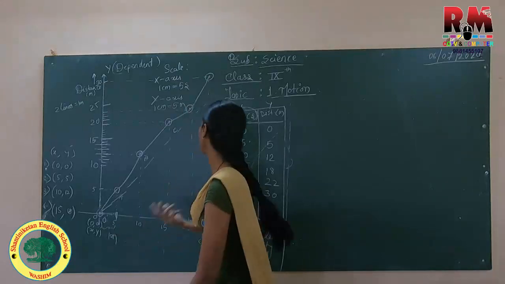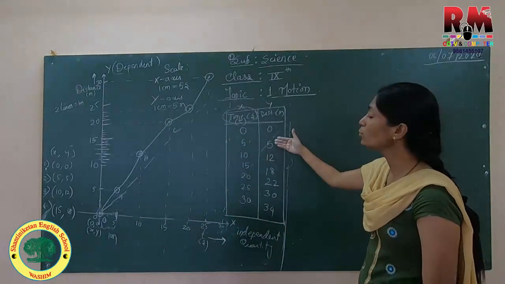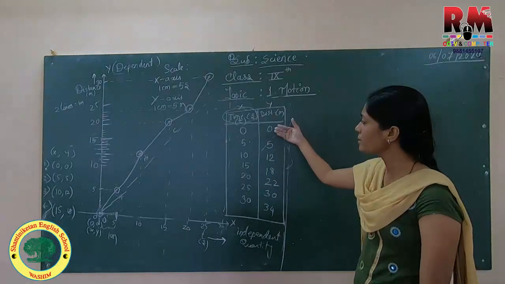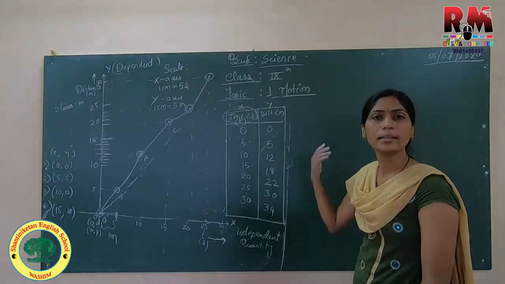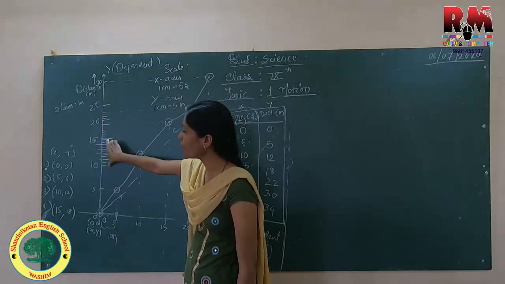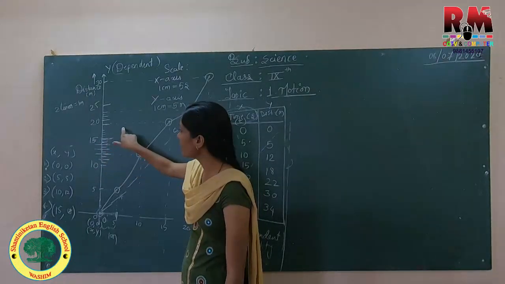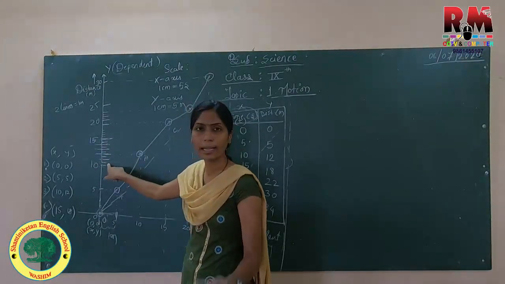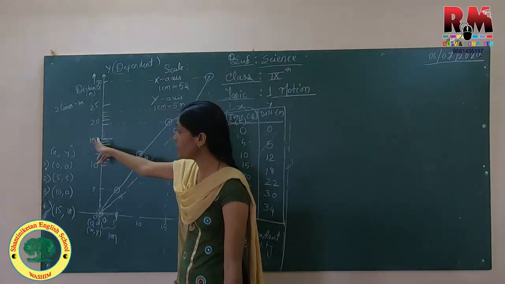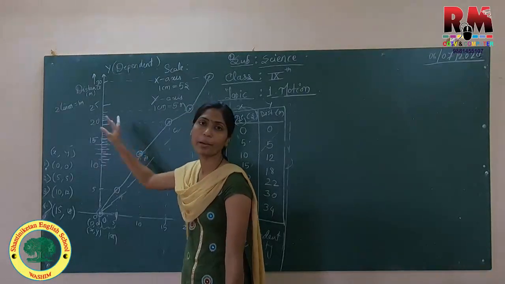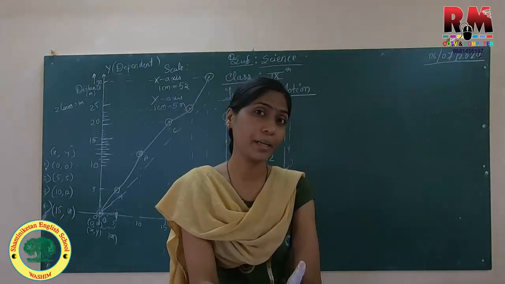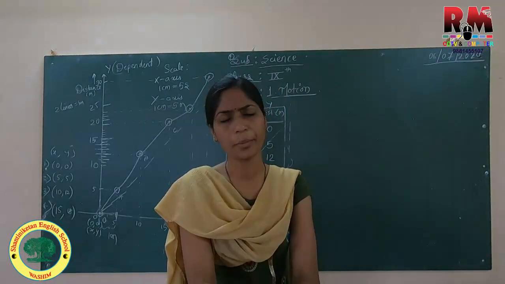You can take any difference, you can go by 0, 2, 4, 6, 8, or you can take 0, 10, 20, anyhow you can take. But you have to make sure: this is a total of 10 lines, divided by the difference between these two, which is 5, so I have taken 10 divided by 5, it comes to 2 lines. So 1 meter makes how many? 2 lines will make 1 meter. Like that, according to your measurement you can take it.